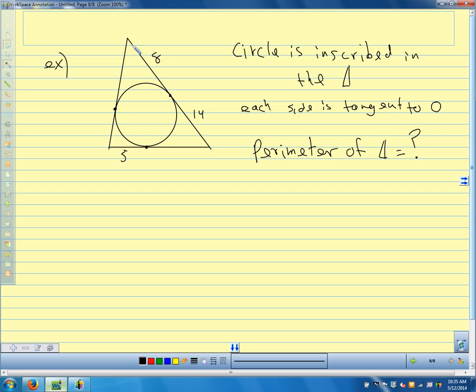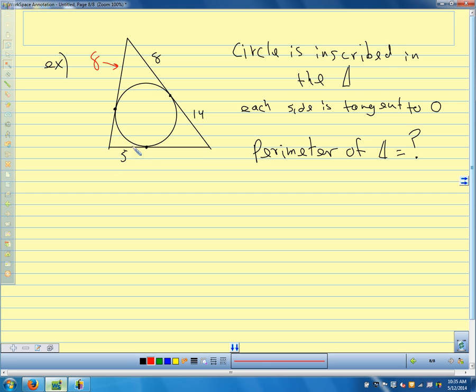Well, if we look at this corner right here, we have two segments that are tangent to the circle, and they intersect at a point outside the circle. So it's exactly what the last theorem was telling us about. Two tangent segments with a common endpoint outside the circle. So what does the length of this piece have to be? It also has to be 8.